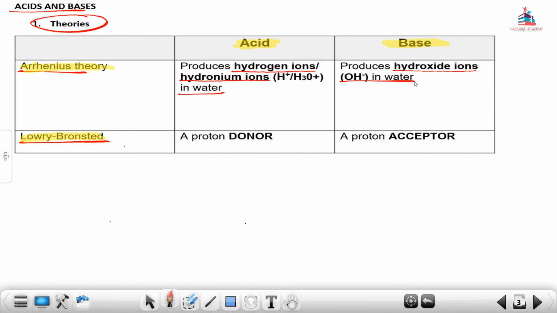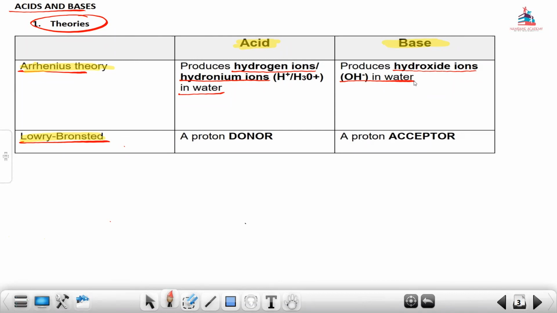The difference between the two is that if we have an acid that we are going to dissolve in water, and that substance produces H3O plus, it is going to be an acid. Let me make a nice example of this situation.